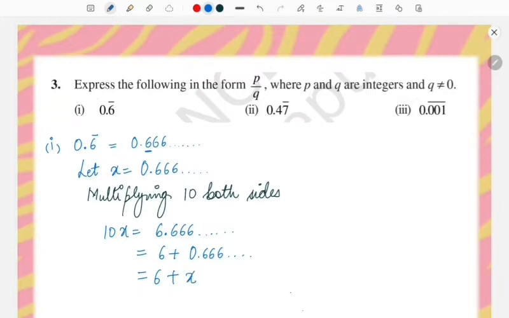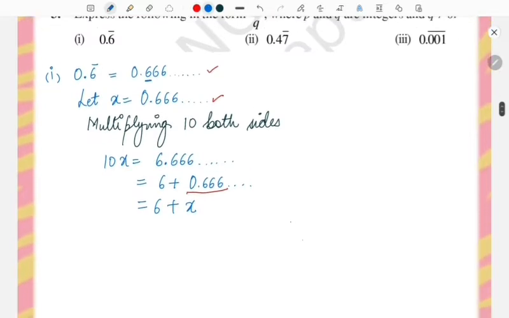This was x, right? ये x था, यही तो x assume किया था हमने यहाँ पर, right? So continuing with this, we get 10x minus x is equal to 6, 9x is equal to 6.